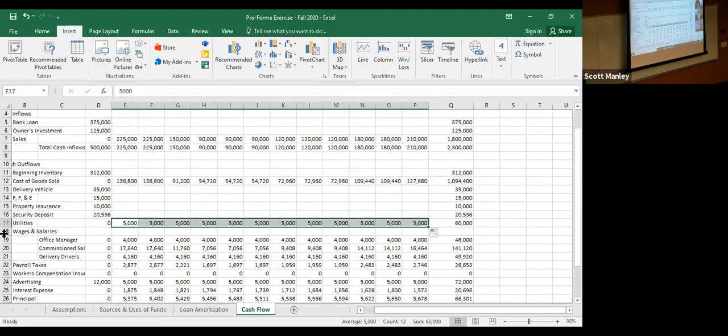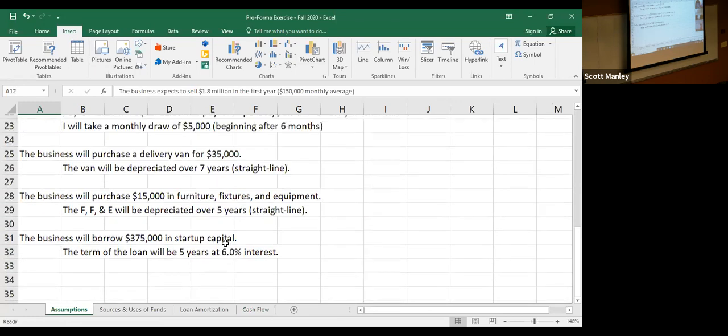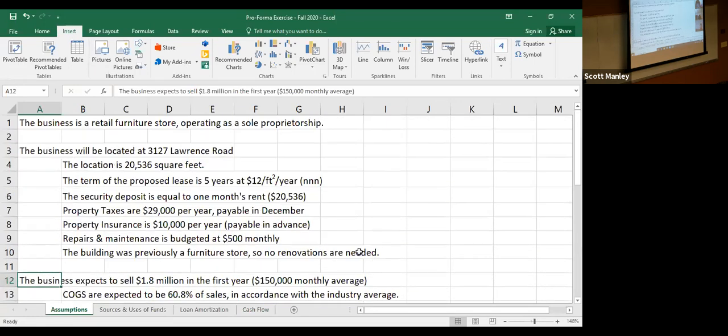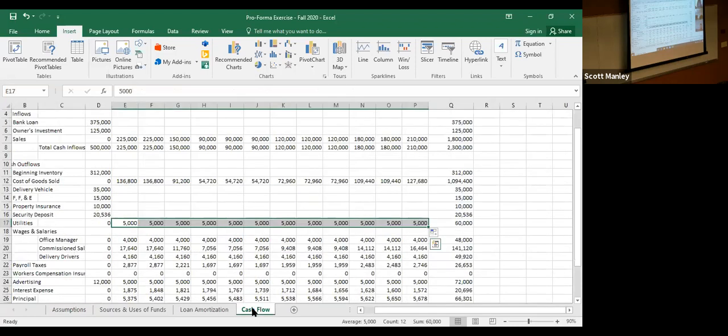As I'm looking at this, I realize I've got something else that I've missed. If I look at my assumptions, property taxes are $29,000 per year, payable in December. If I go back to my cash flow, I've got property insurance, I've got my security deposit, but I don't have property taxes.